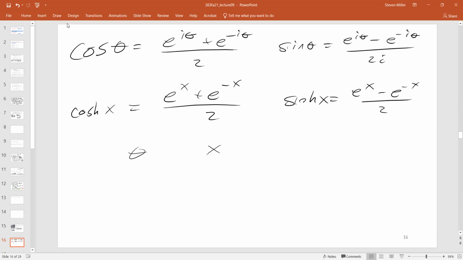Well, I claim that there's a relationship between cosine of theta and hyperbolic cosine of x. So if I convert, if I take x to be i theta, they're the same. Or theta is minus ix.